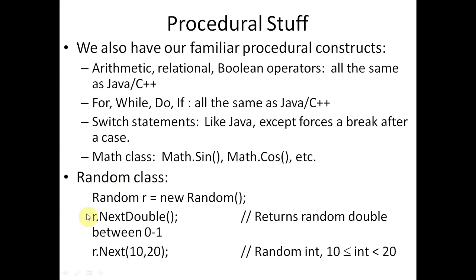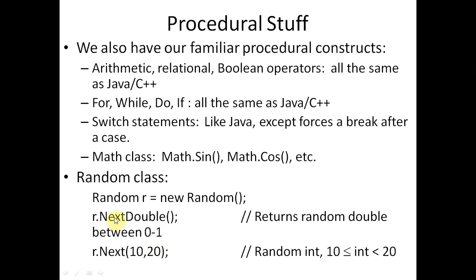So Random will generate a random number: Random r equals new Random, and r.NextDouble. It will display a random double value between 0 and 1. So any random value it will display, but it will be in double format. NextInt will return an integer. The integer will be either 0 or 1.